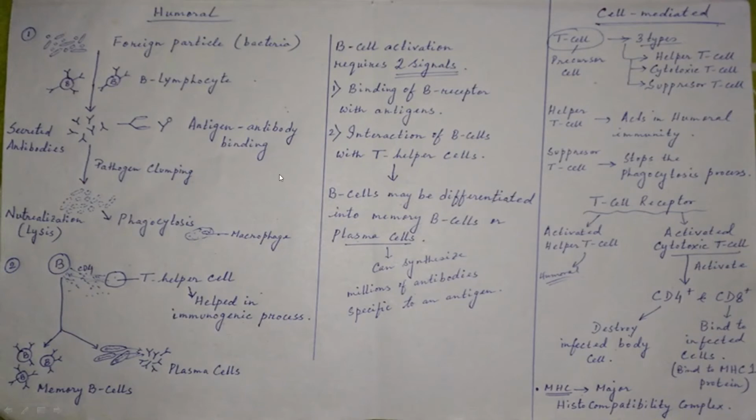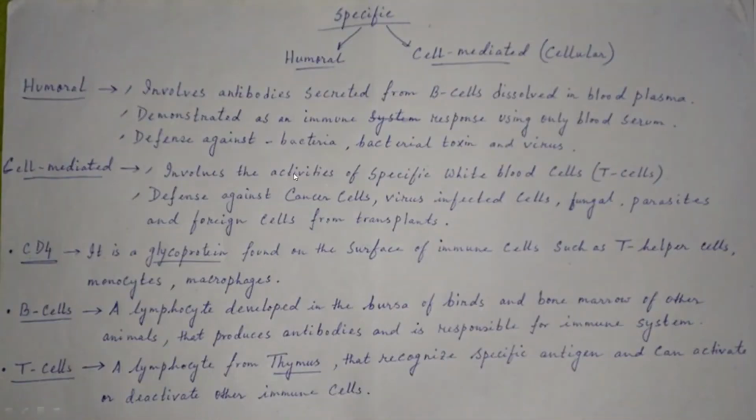Okay, this is the very easy form I have given you to remember. And the second signal is interaction of B cells with T helper cells. This we'll study here. See, second step. Now this B cell releases CD4. You have seen what is CD4? It is a glycoprotein found on the surface of T helper cells, monocytes, macrophages.